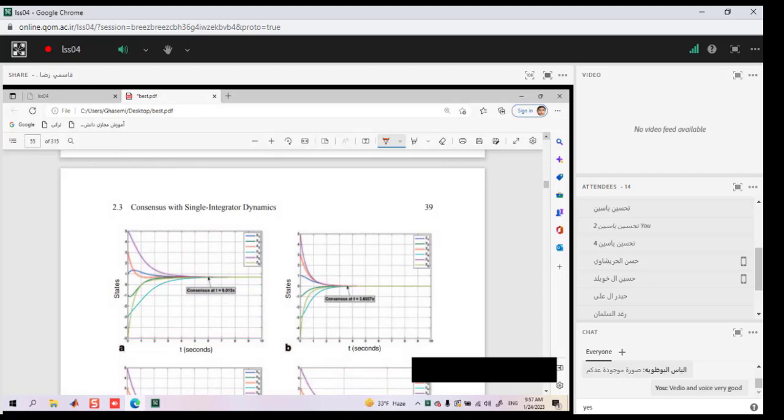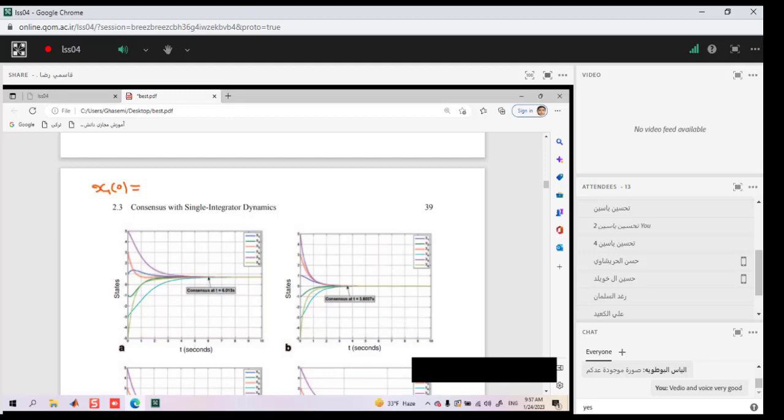Based on our design for this controller, the consensus occurs in the mean value of the initial condition. What does it mean? For example, consider that we have three agents.